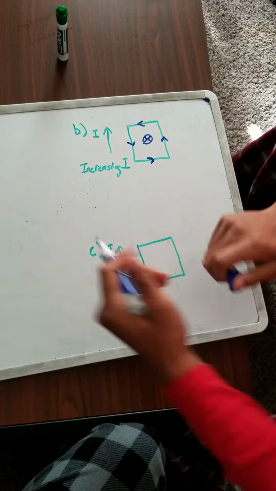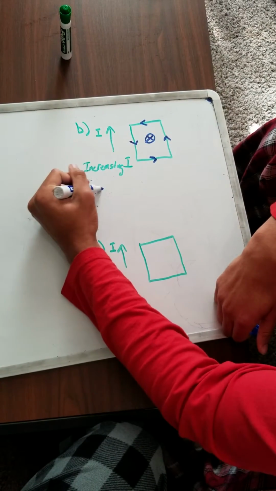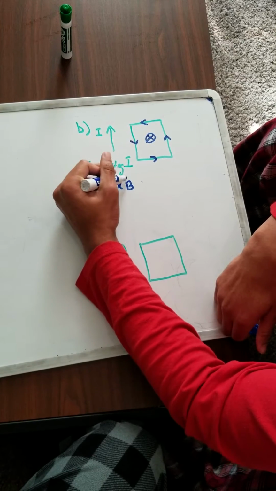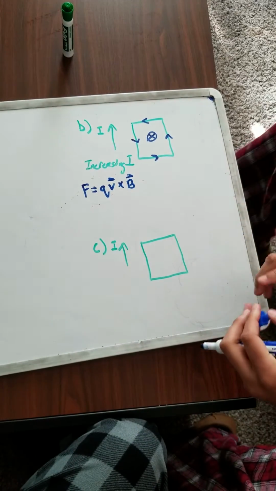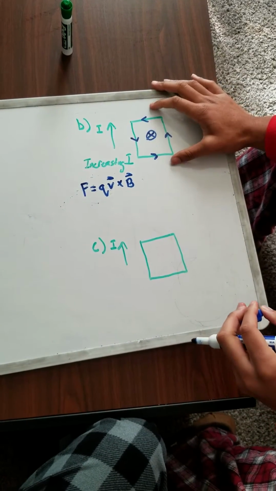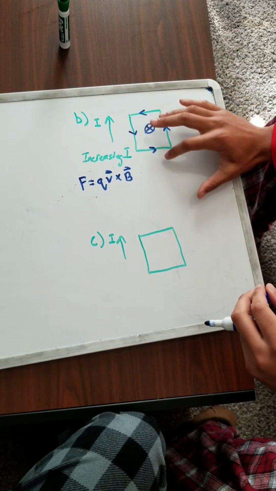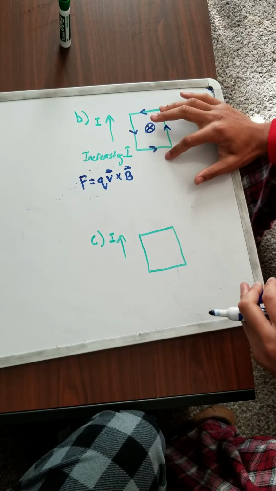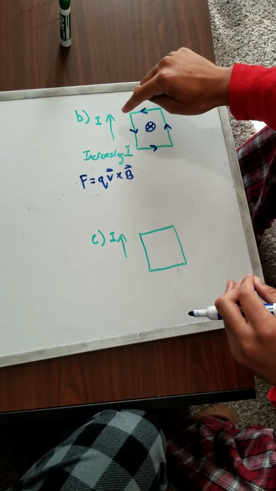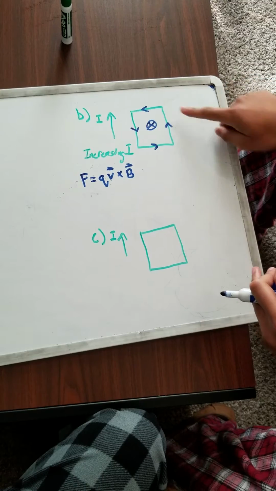So, going back to the equation, force equals QV cross B, the top and bottom sides of the box are equal distance from the current, so the forces on the top and bottom will cancel out. So we have to examine the forces on the left side and the right side of the box.